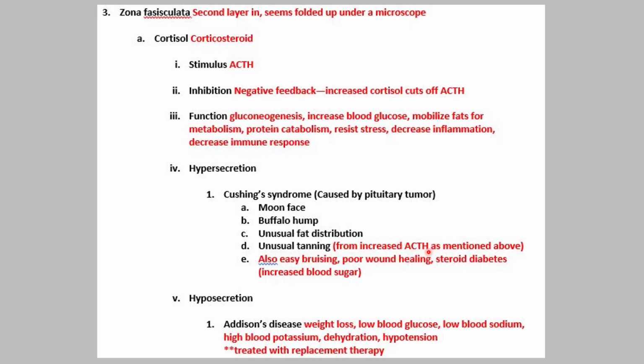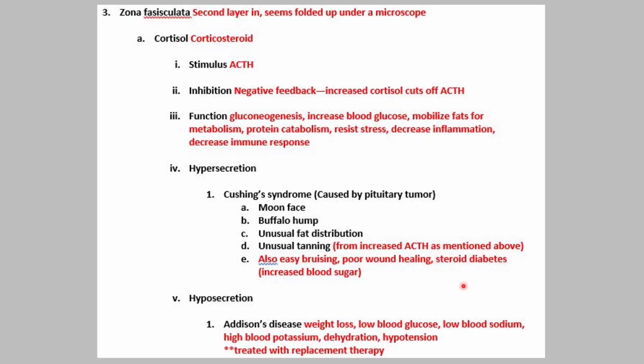We will talk about that a little bit more when we get to the pituitary tumor and pituitary gland, but just know that ACTH can cause tanning. We'll see how when we get to the pituitary gland. We also get easy bruising. Wounds heal slowly. That's because of that decreased inflammation.